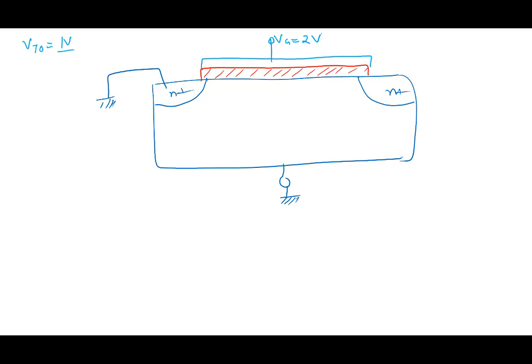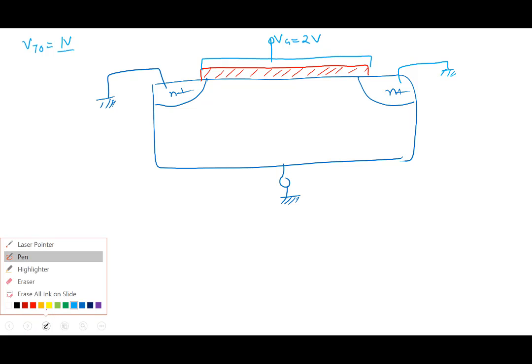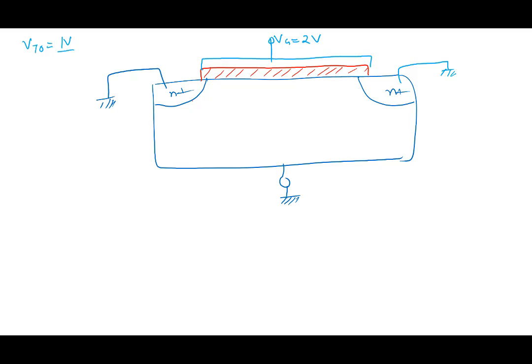And for the moment, let's say this is also ground, drain is also ground. So which means that inside the device, what I have is a depletion region here, and at the surface I have electrons, a channel, inversion layer.